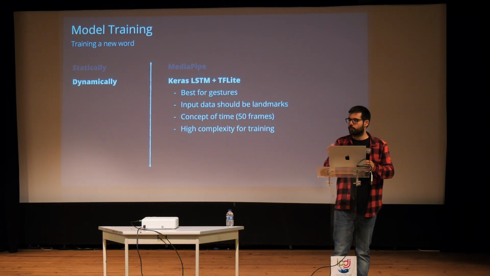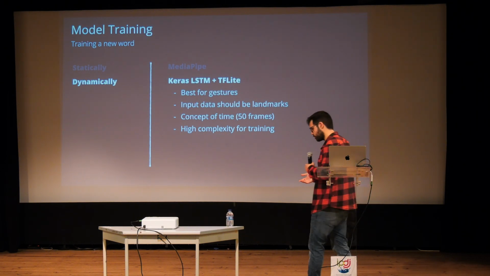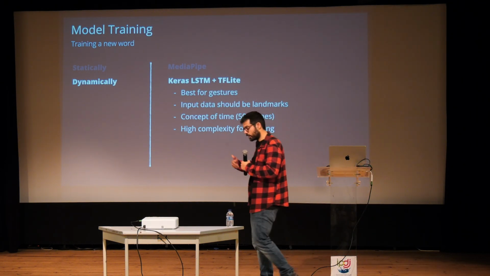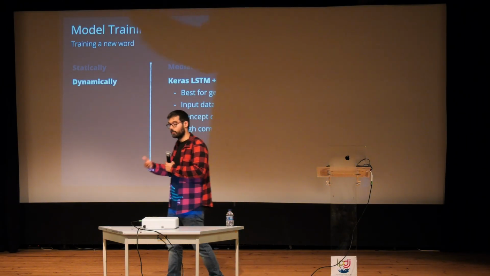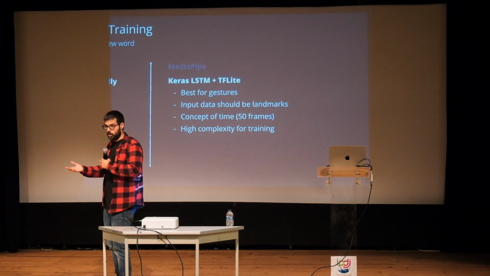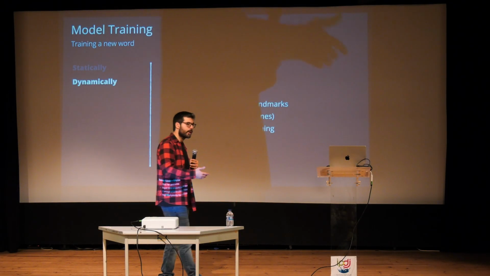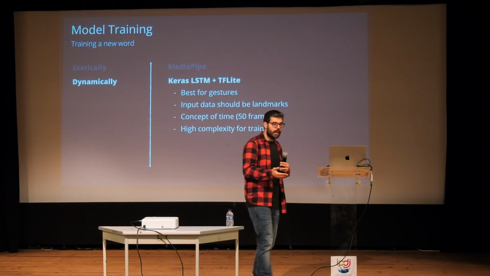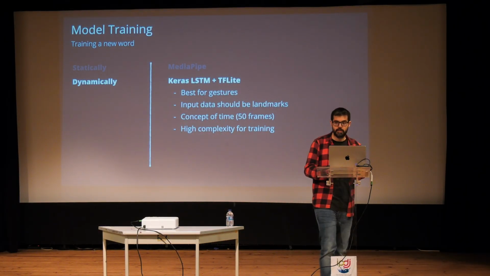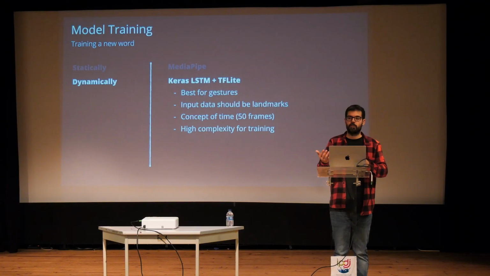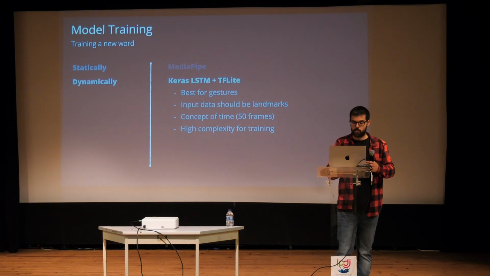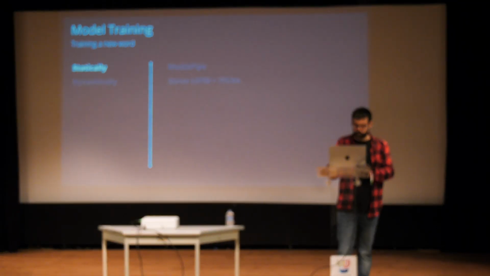Typically, you use 50 frames. This is basically a matter of trying to optimize the complexity and the time it takes to train a model, and at the same time, the time it takes to record a gesture. So we need to do a bit of balance between one and the other, and 50 frames is basically the defined value to be the most precise one for the results that you want.